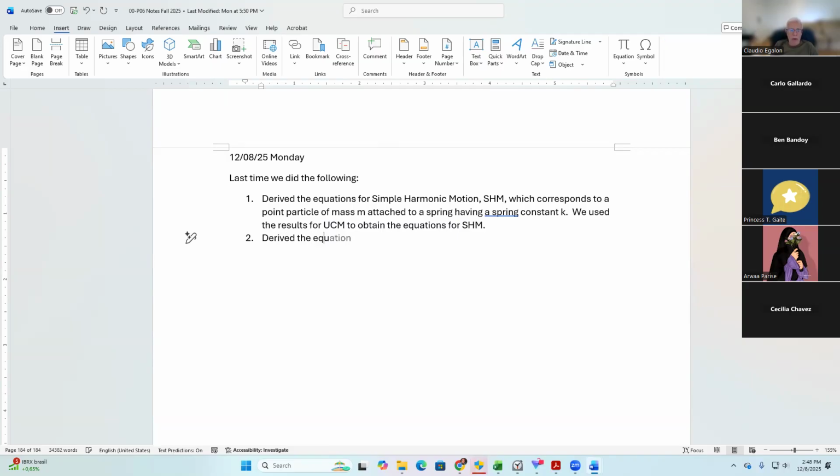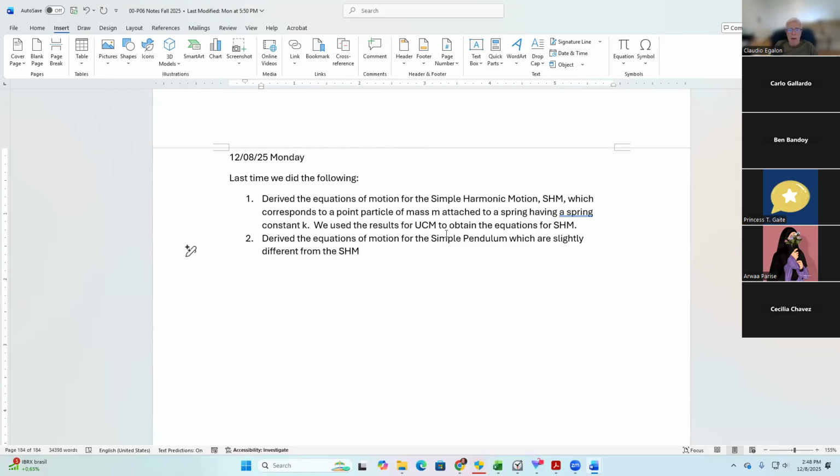Two, derive the equations of motion for the simple pendulum, which are slightly different from the SHM.